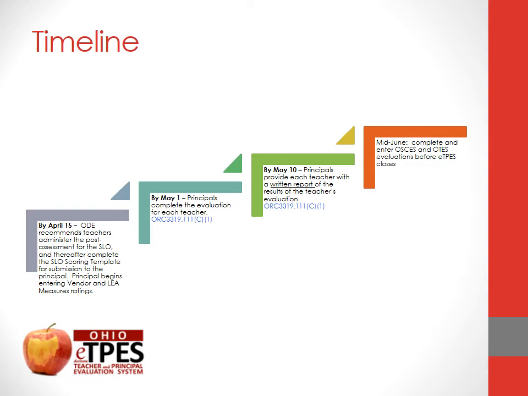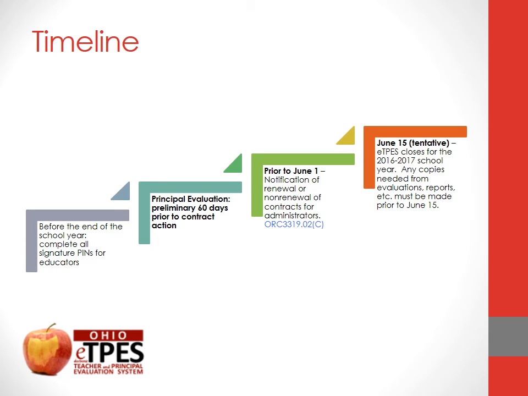By May the 1st, principals will complete the evaluations for each teacher, and by May the 10th, principals provide each teacher with a written report of the results of the teacher's evaluation, and by the middle of June, OSES and OTES evaluations are entered into ETPES before it closes.